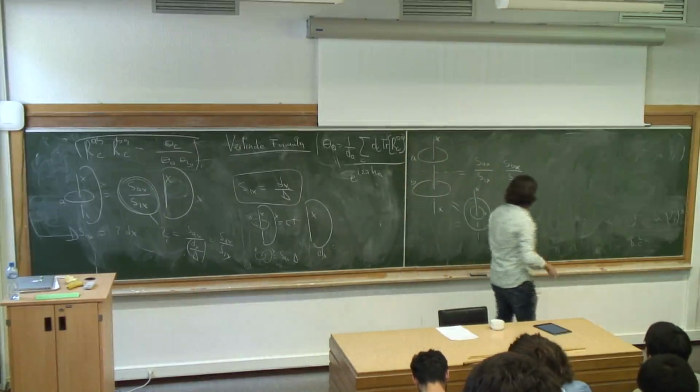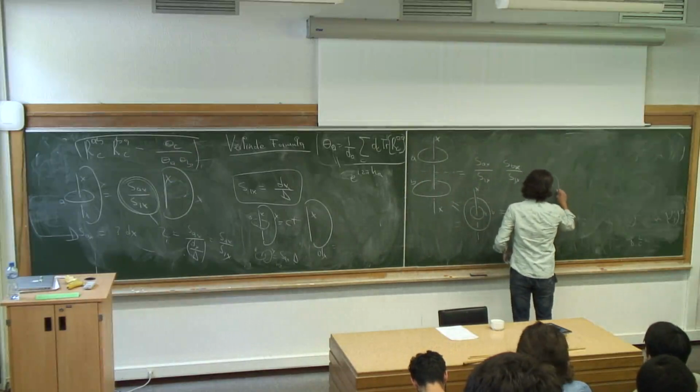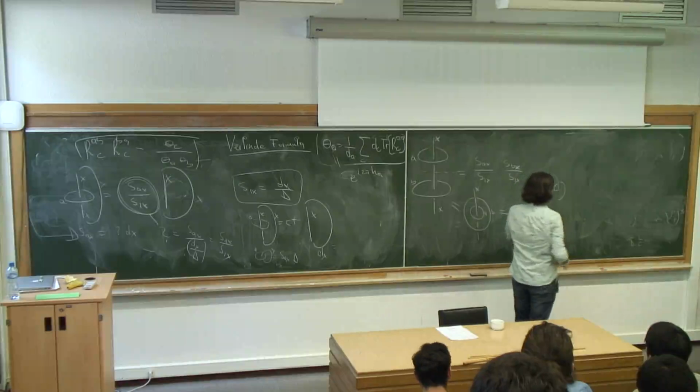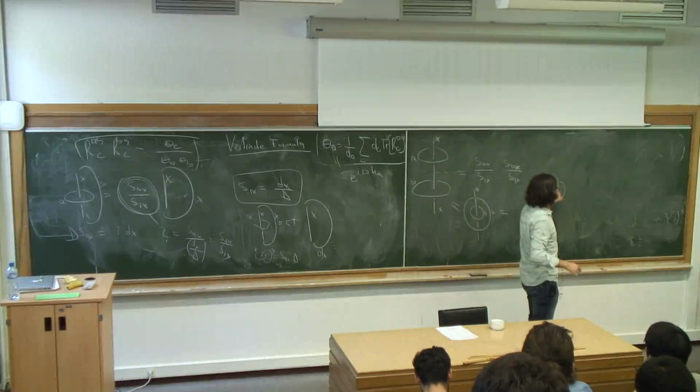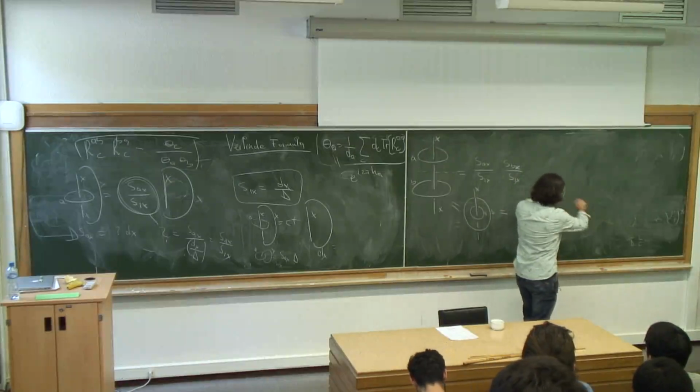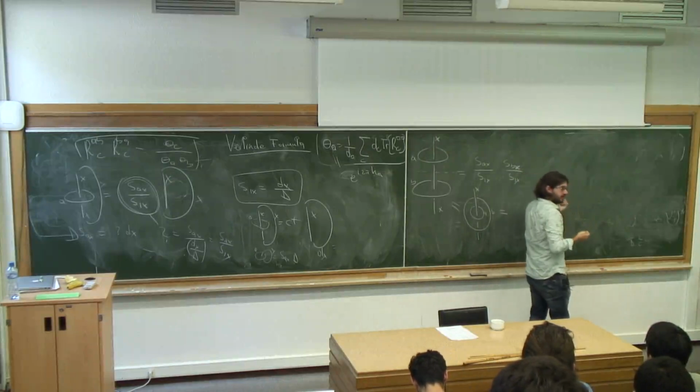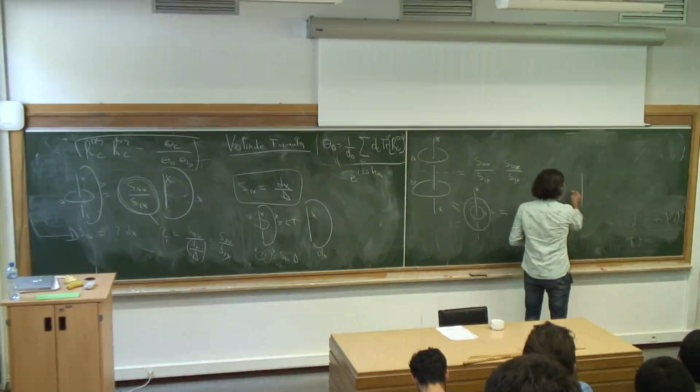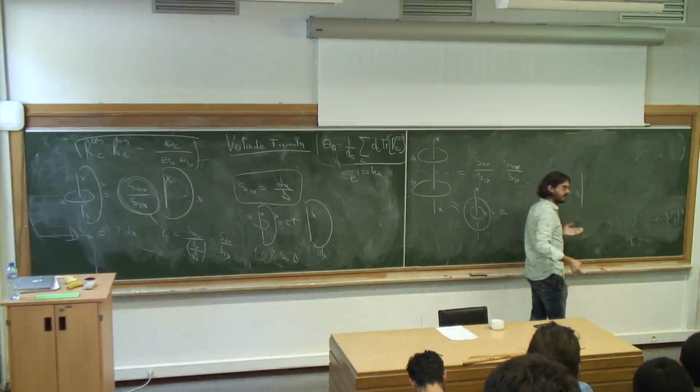For example, this one I can't pull through because there's a knot in it. This one is not this. It's just theta A times this. It's a phase times that.